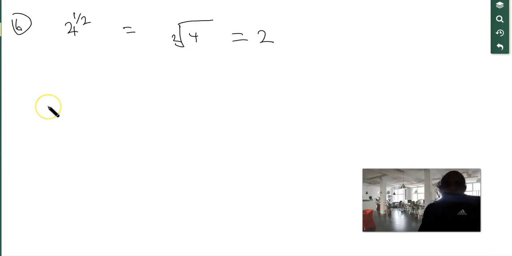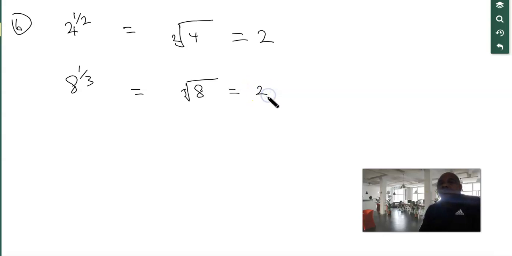Another example you can say is 8 raised to 1 over 3. Something like saying the cube root of 8. And the cube root of 8 is equal to 2. Cube root of 8 is 2. But you can also solve it using indices.